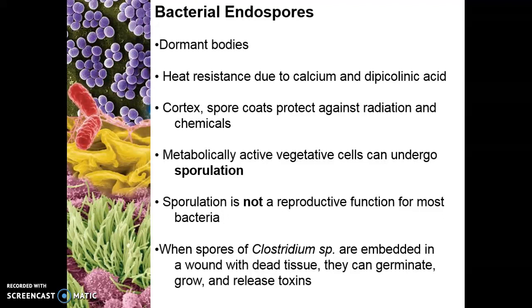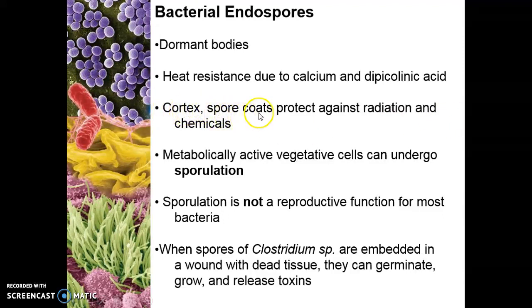Whereas if a bacteria cell was out in the environment during a drought, 70 to 80% of the cytoplasm is water, and that water is going to eventually leave the cell due to evaporation and exposure to the elements, and that bacterial cell will die. Well, if the bacteria cell can produce an endospore, then it's going to be safe in those very harsh conditions. There's also part of that outer layer of the endospore, the cortex.